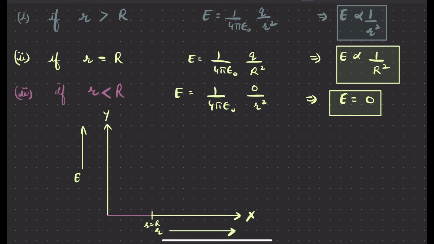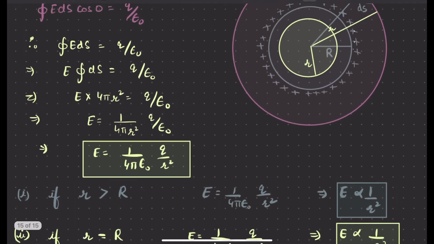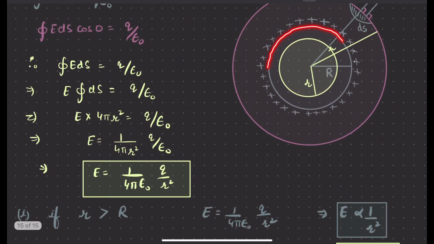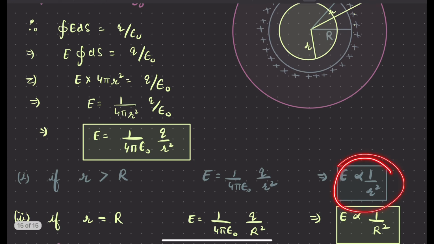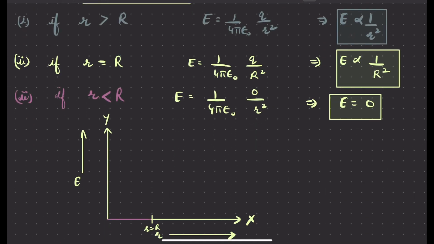Now E is inversely proportional to r square. That means we will have the maximum value of electric field intensity when the Gaussian surface coincides with the surface of the spherical shell. That means at this point, that is at the distance capital R, we will have the maximum value of electric field intensity. And as soon as we start moving away from the surface of the spherical shell, that is, as the distance from the spherical shell starts increasing, the value of electric field intensity will start dropping as per the relation E is inversely proportional to small r square.